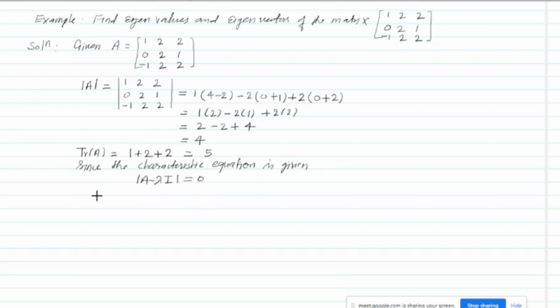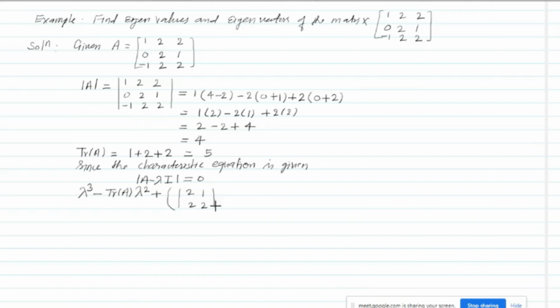Now write down the shortcut formula for the characteristic equation: lambda cubed minus trace of matrix A lambda squared, plus the sum of the minors of the diagonal elements. The first diagonal element is 1, so we ignore the first row and first column, giving the minor 2 1, 2 2.